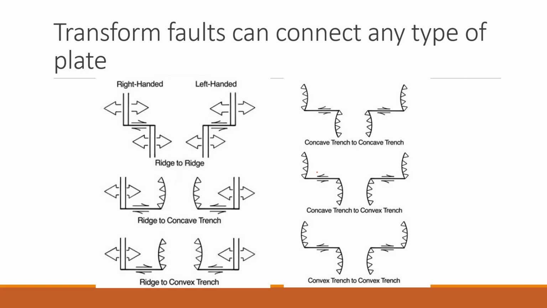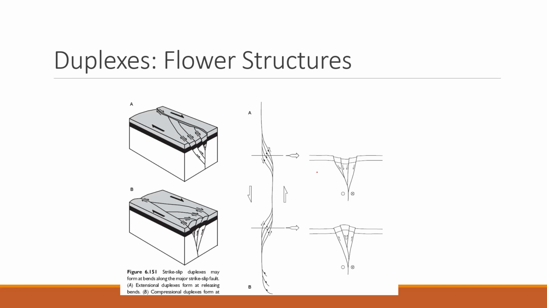So you can get them along ridges, you can get them along trenches, you can get them when they're transferring between trench and ridge. We can also get some really interesting things happening with strike slip faults. So if you have a strike slip fault that takes a turn that's not perfectly straight, when it bends, it will actually have additional faults in that area that will be either normal or reverse, depending on what is happening with the direction the plates are moving, as well as what direction the bend is, and we call these flower structures.